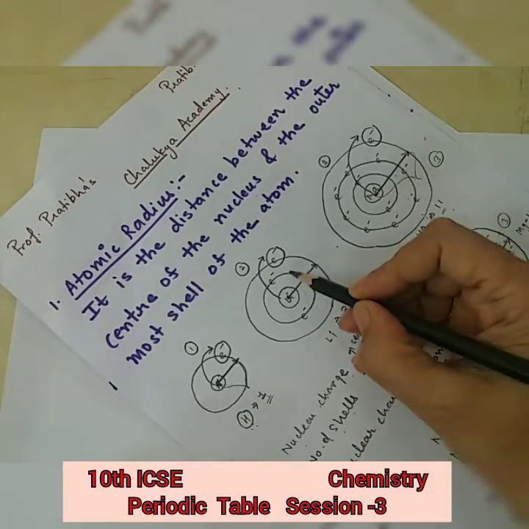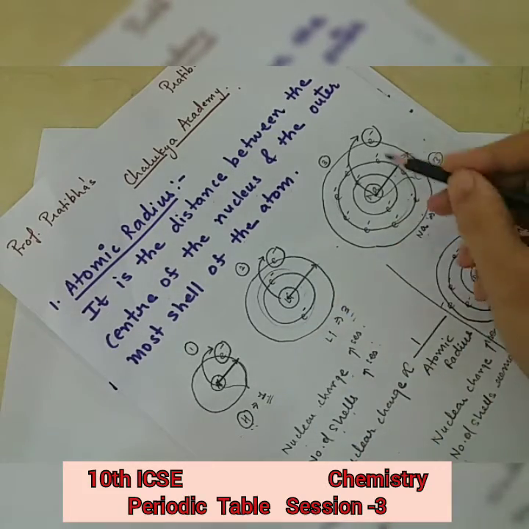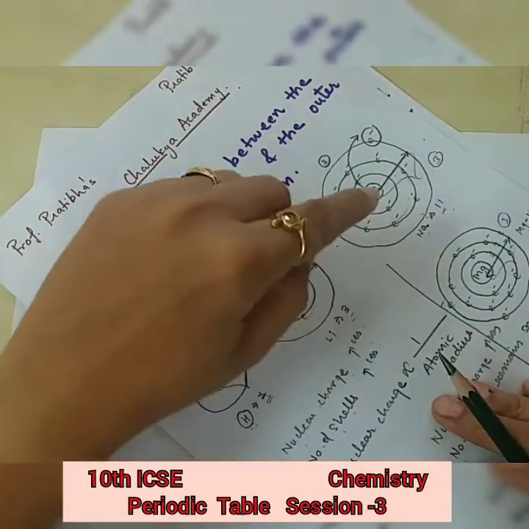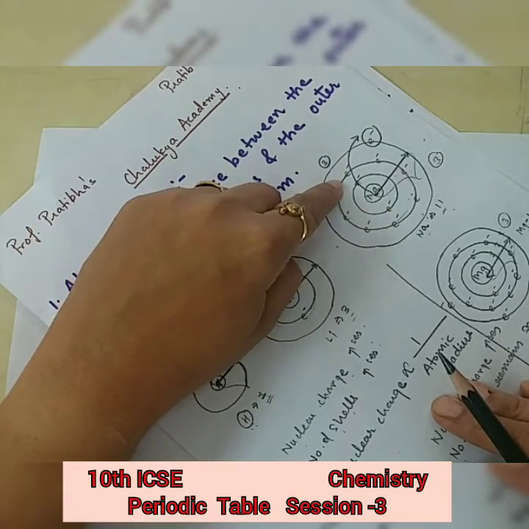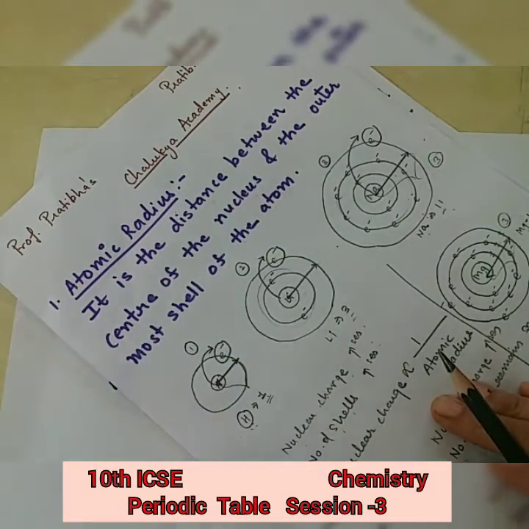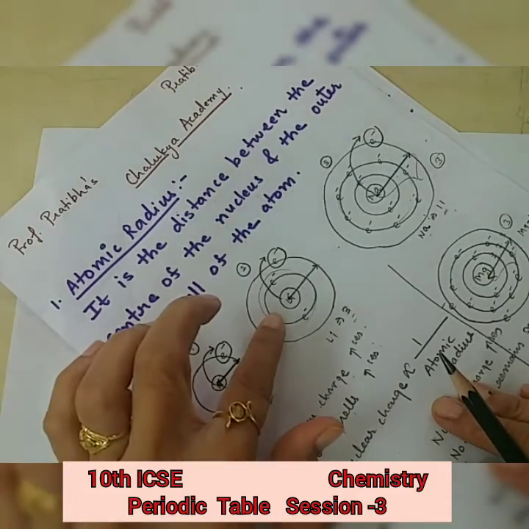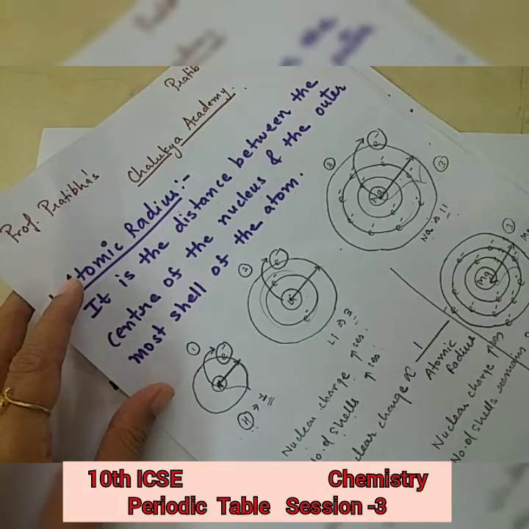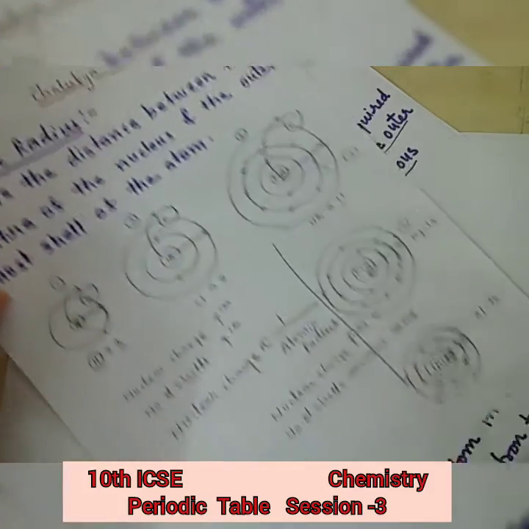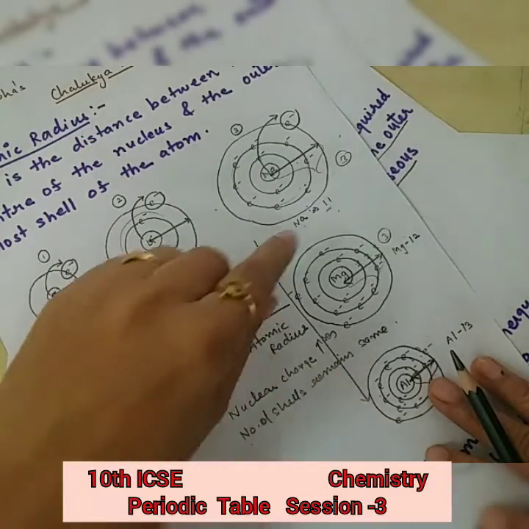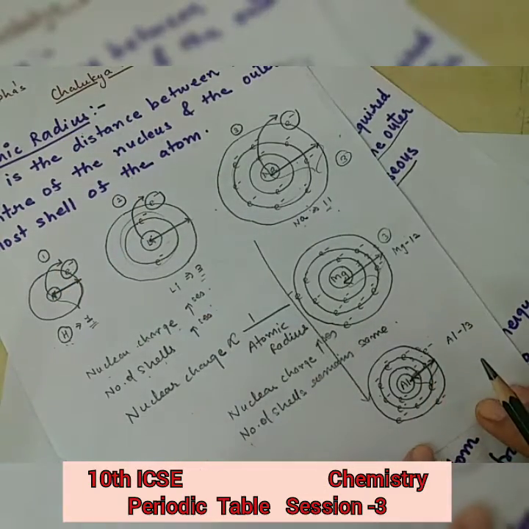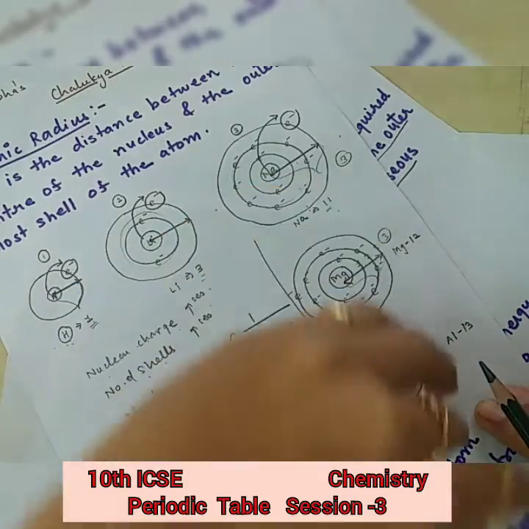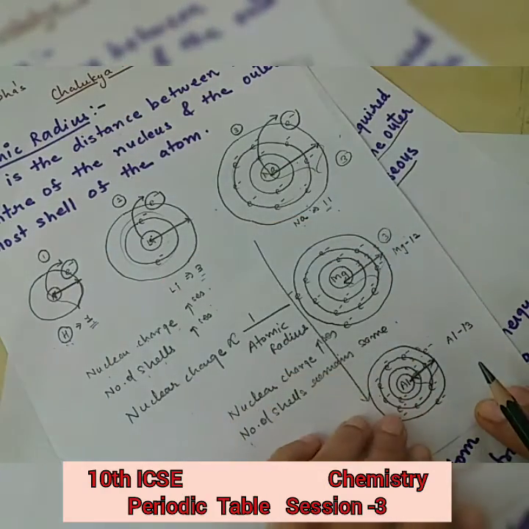Okay, now as I told you, inner electrons are not at all taking part in it because the nuclear force of attraction on the inner electrons is very high, so we cannot provide that much energy to remove the inner electrons. So ionization potential we always measure on account of valence electrons. Now here you can see, as we move from sodium to aluminum, the atomic radius decreases.